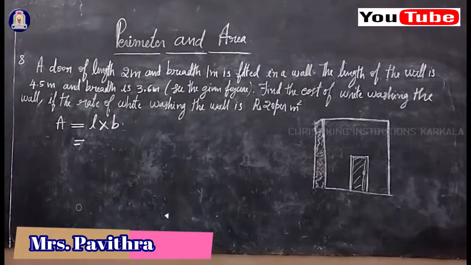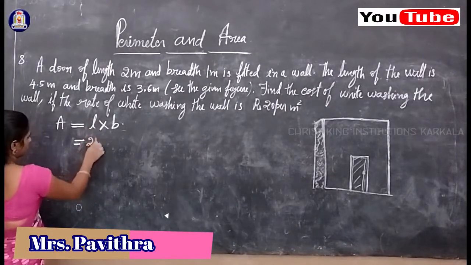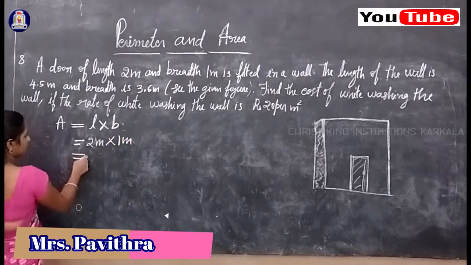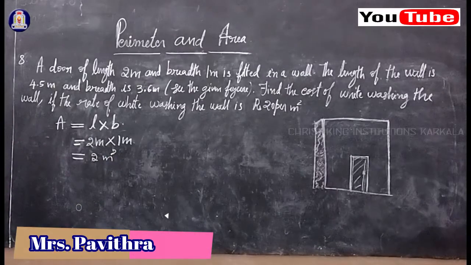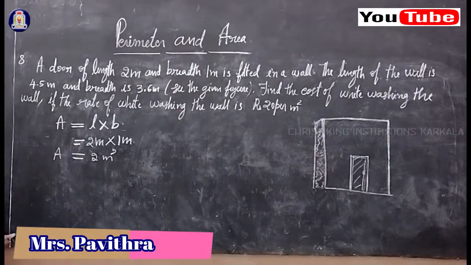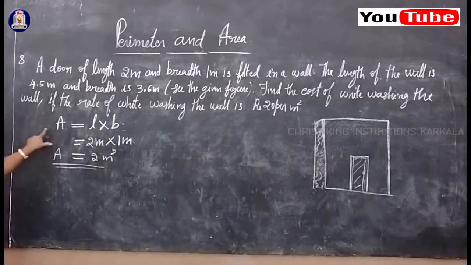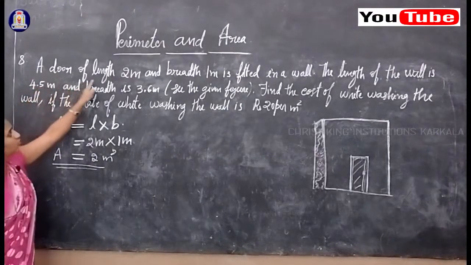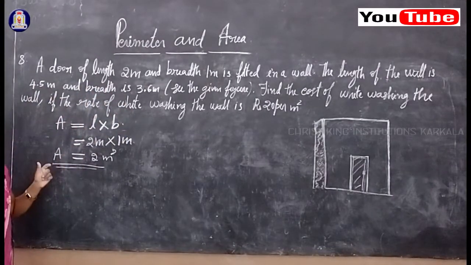Length of the door is 2 meter and breadth is 1 meter. Multiplying 2 into 1, meter into meter, meter square, I got the area of the door as 2 meter square.